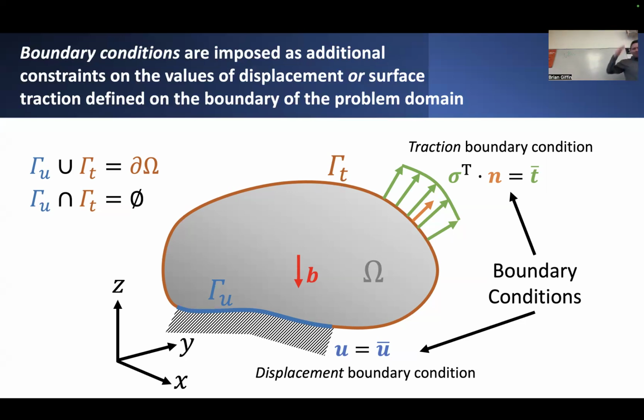Because who knows, I could put something there, and there are many possible solutions which might satisfy my governing differential equation and whatever incomplete boundary conditions I specified. With this hole on the boundary, there's any possible number of solutions that I could get. So I have to be complete in describing these boundary conditions everywhere on the boundary of the body.